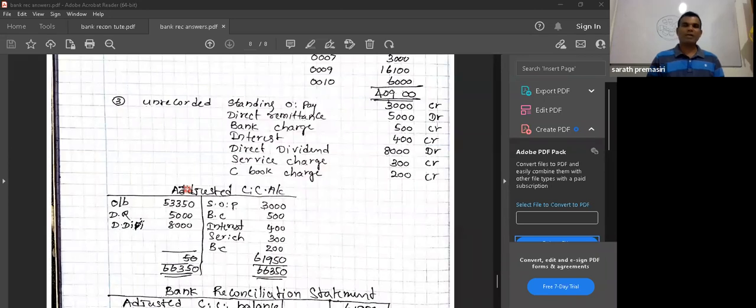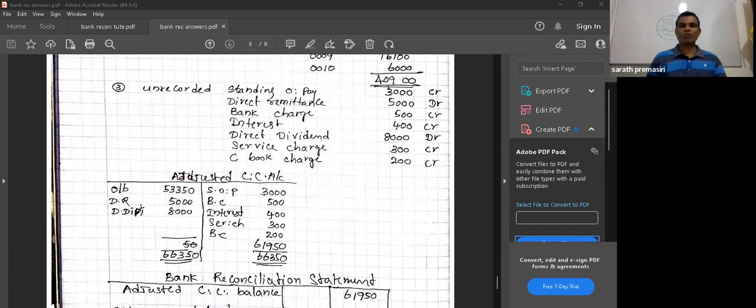I'm giving you 5 minutes to complete and prepare the bank reconciliation statement. When you prepare it, first you write the adjusted cash control account balance. This amount should be taken here.